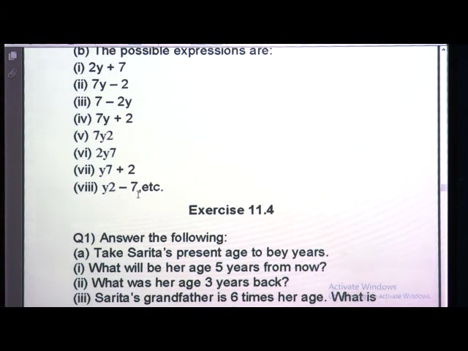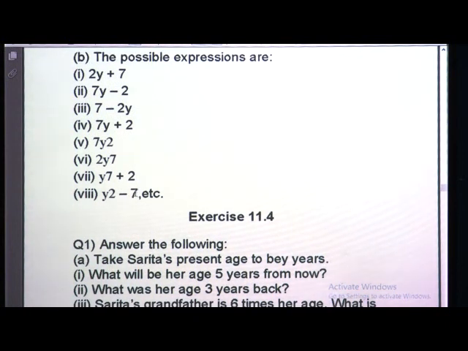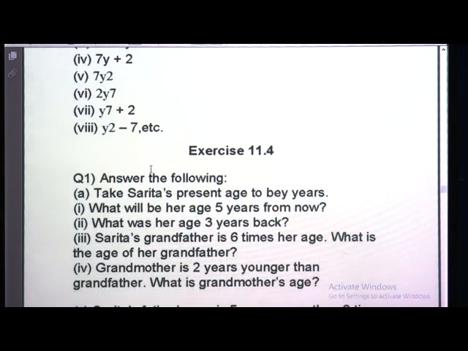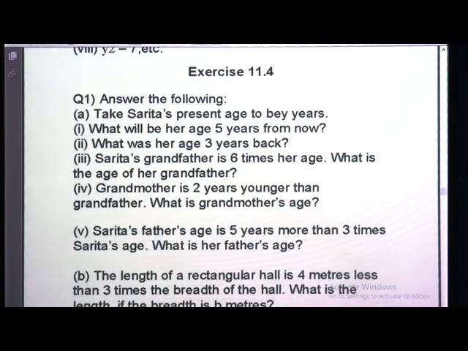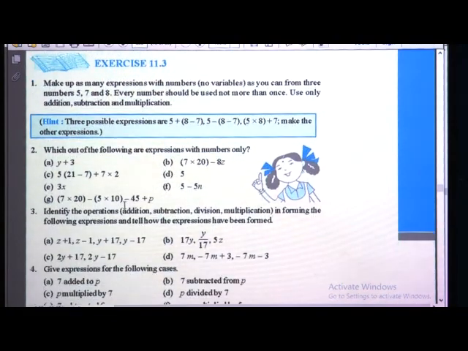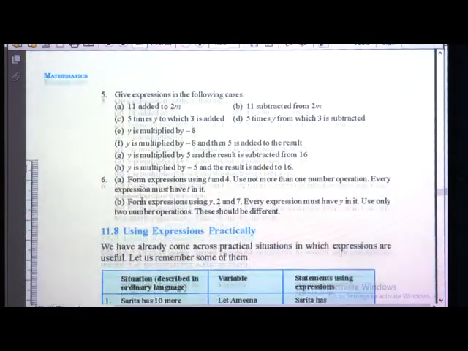These are few possible expressions. There can be more than this or less than this also. Next, so we have completed exercise 11.3.